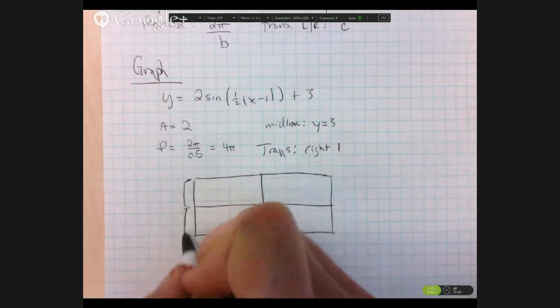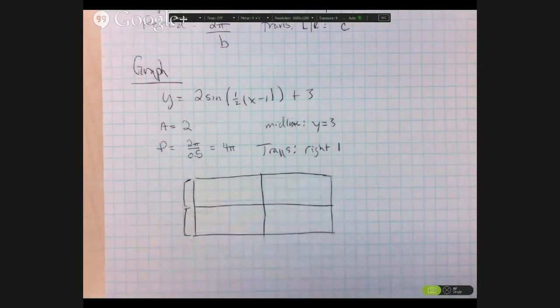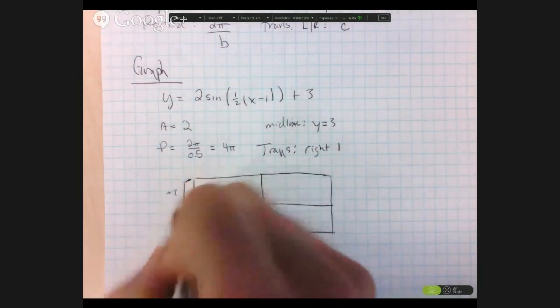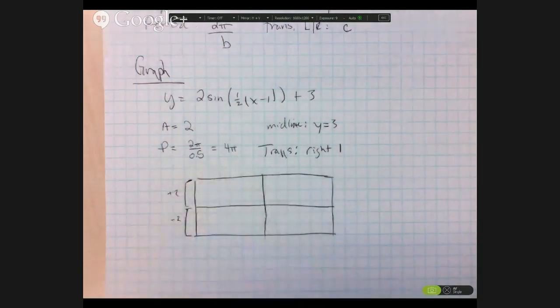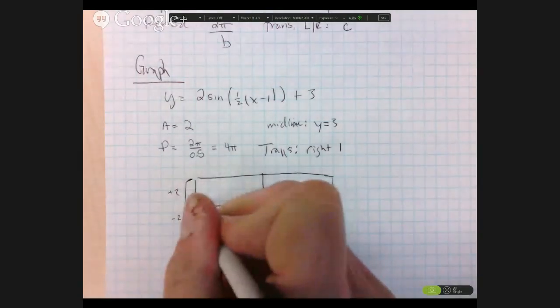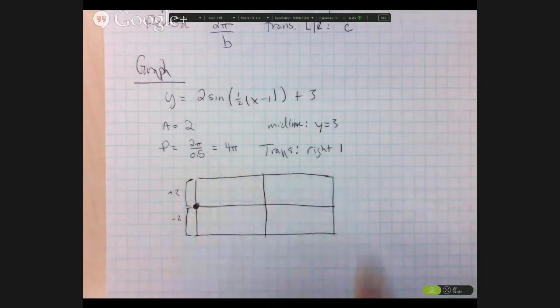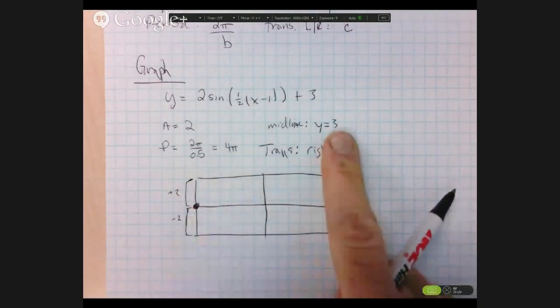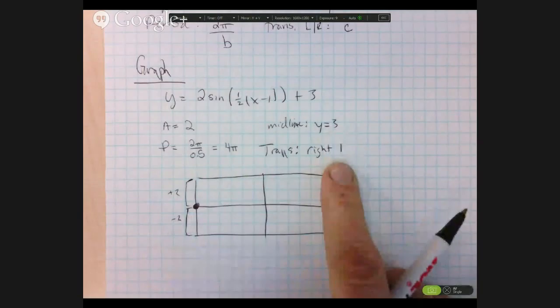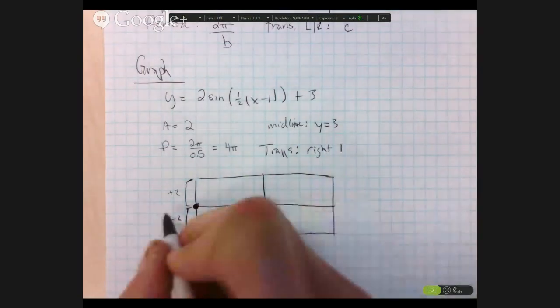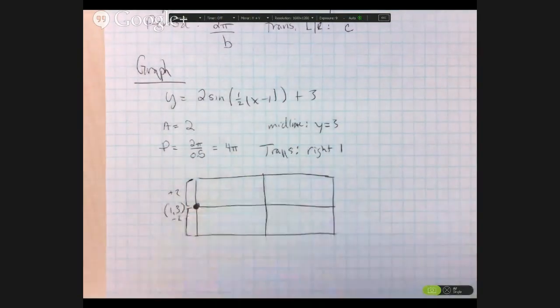How far up and down are we going? 2. So this is plus 2 and minus 2, right? This point right here is 1, 3. That point is 1, 3.